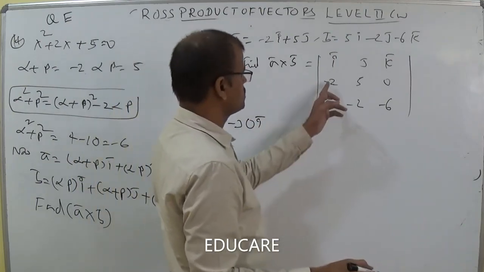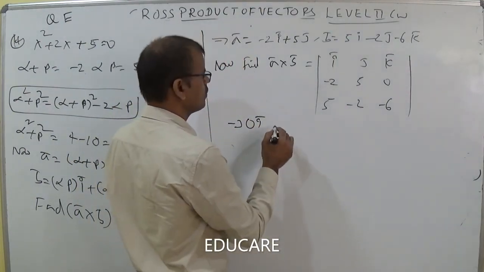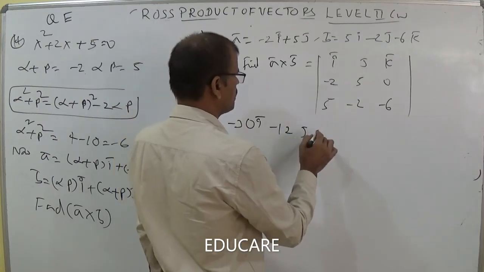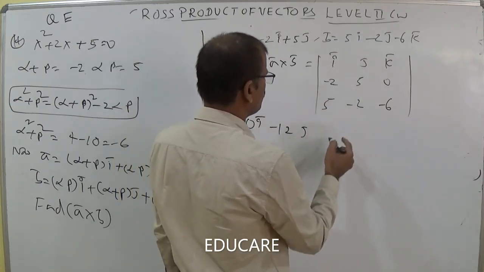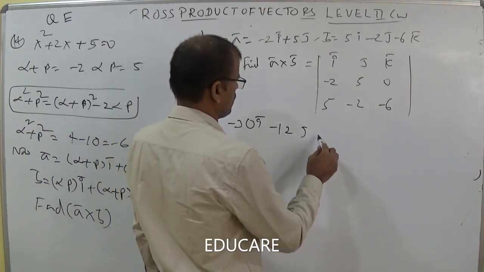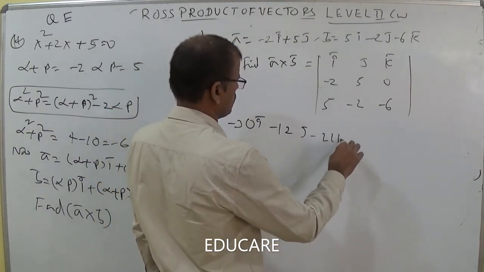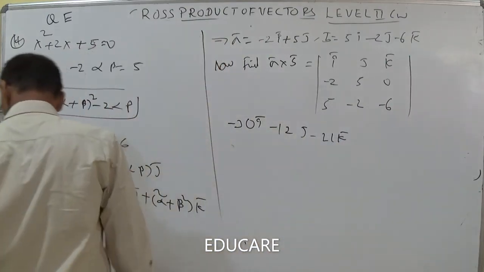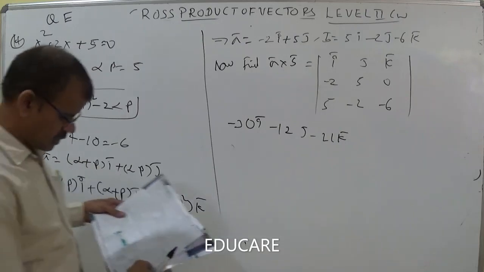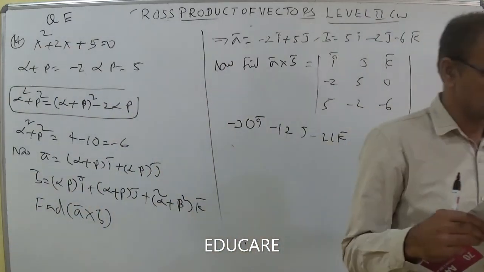Next, minus j into 12, minus 12j, plus k into 4 minus 25, which is minus 21k. So minus 30i minus 12j minus 21k is the third option in this question.